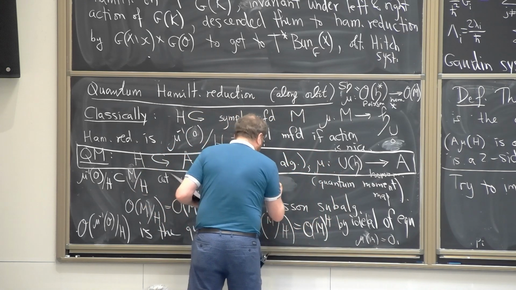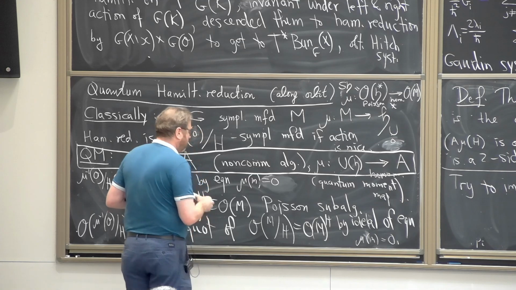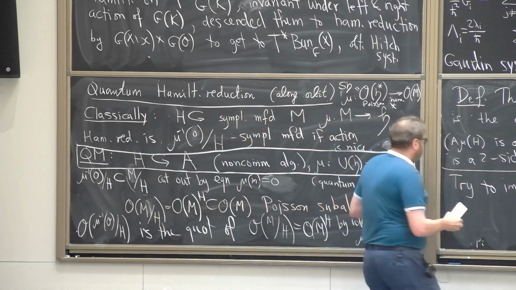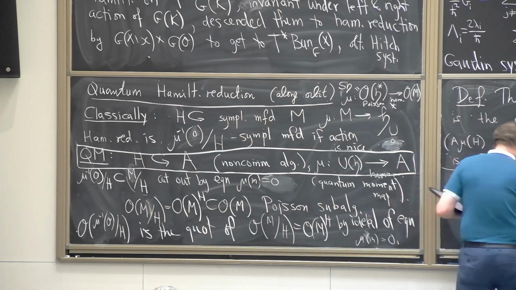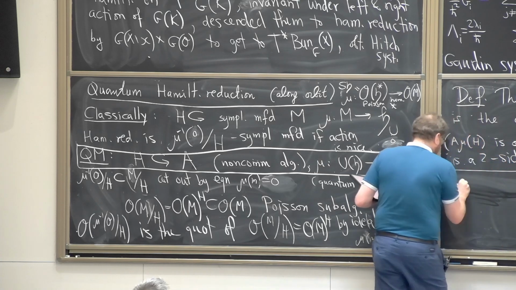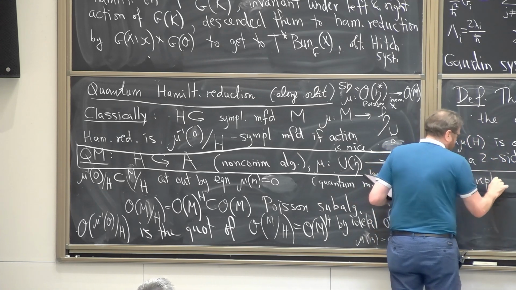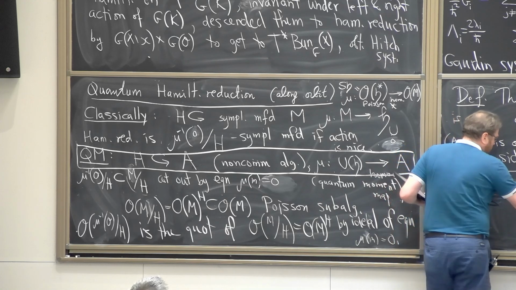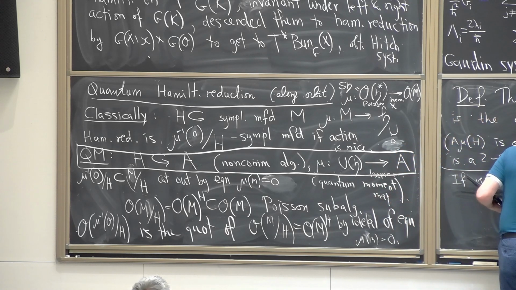So this is 0. Now, if we replace 0 by orbit O inside G star, H star, what needs to be changed?